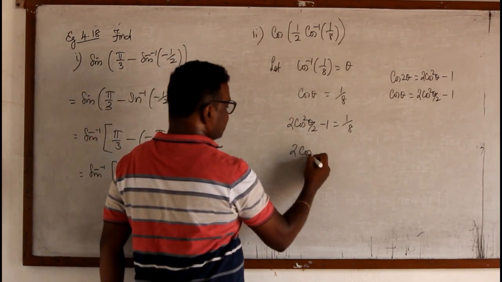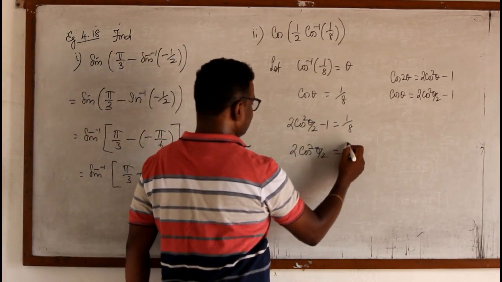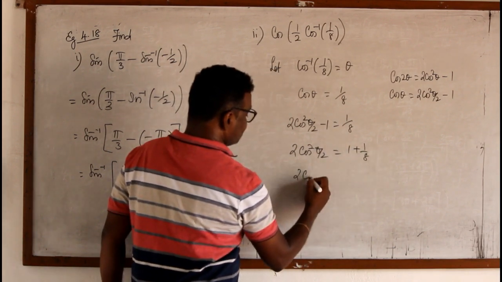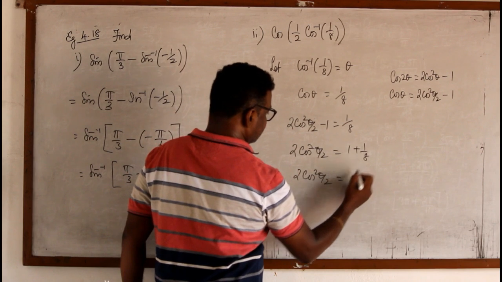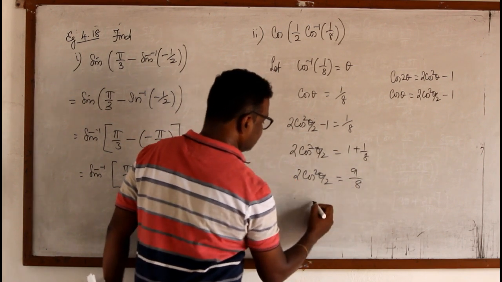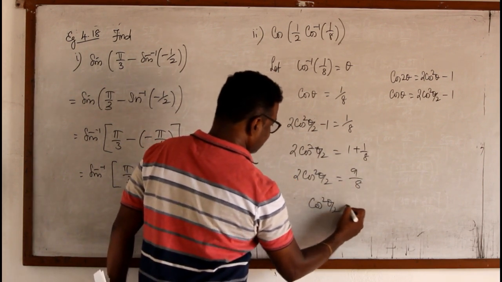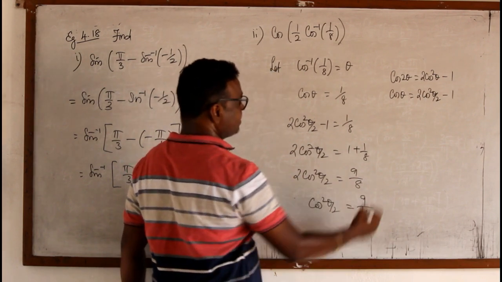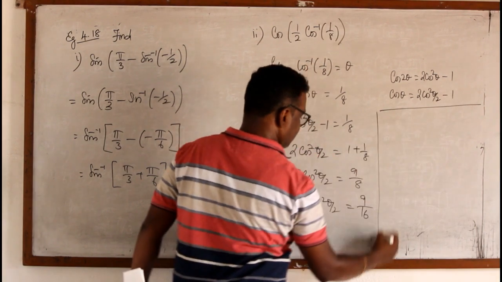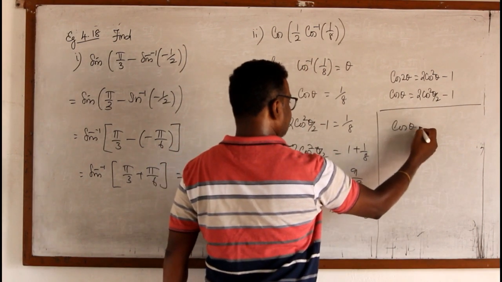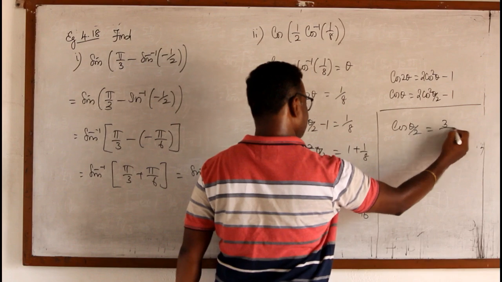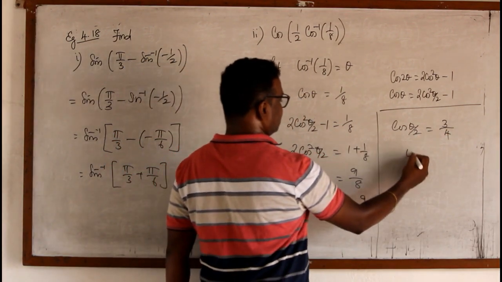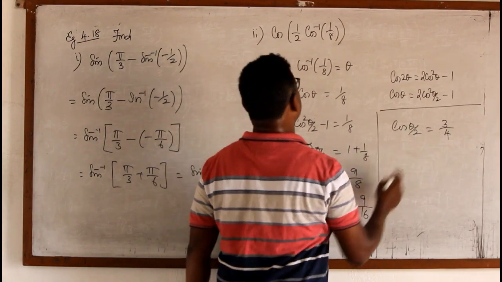Shall I write this as 2 cos square theta by 2 equals 1 plus 1 by 8, that is 9 by 8. Cos square theta by 2 is 9 by 16, when the 8 goes to the other side. Therefore, cos theta by 2 is 3 by 4. It will be positive.